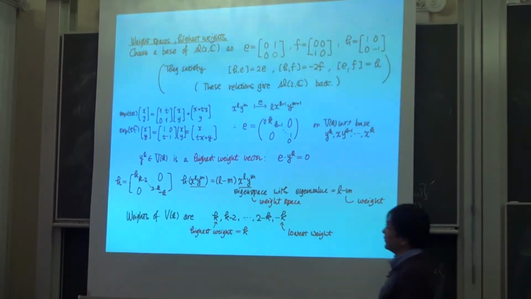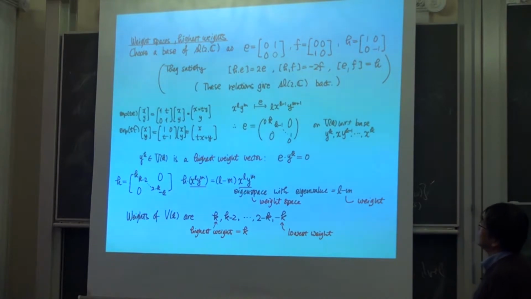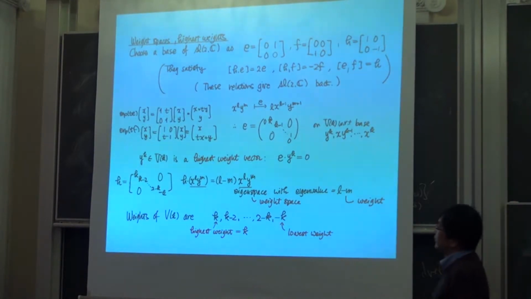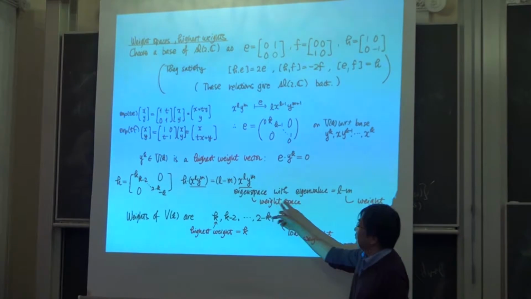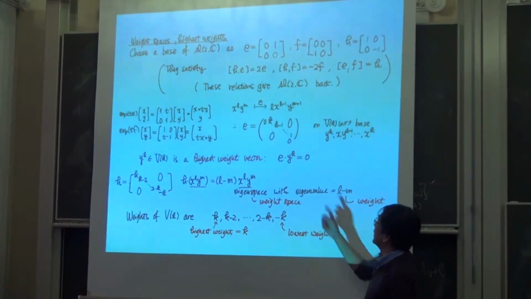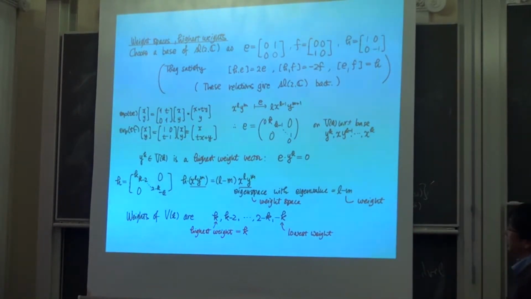In the representation theory of Lie groups and Lie algebras, those eigenspaces are called weight spaces, and those eigenvalues are called weights. It's just a name, the same as eigenvalues and eigenspaces.